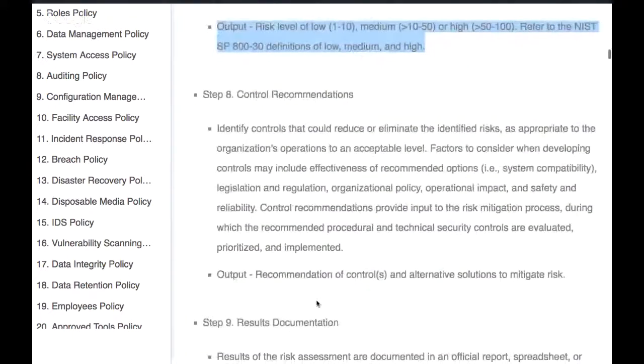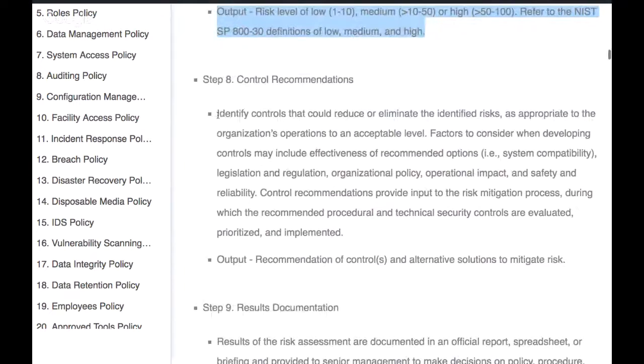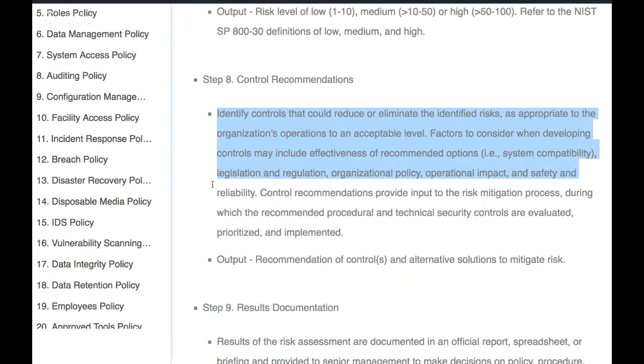Step 8, control recommendation. Identify controls that could reduce or eliminate the identified risks as appropriate to the organization's operations to an acceptable level. Factors to consider when developing controls may include effectiveness of recommended options, legislation and regulation, organizational policy, operational impact, and safety and reliability.